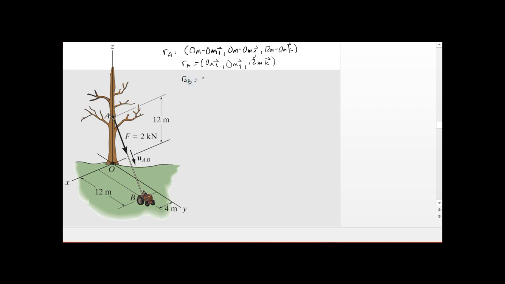RAB is equal to B, which is, let's see, 4 meters in the X, and then we're going to subtract by 0 for the coordinates of A.